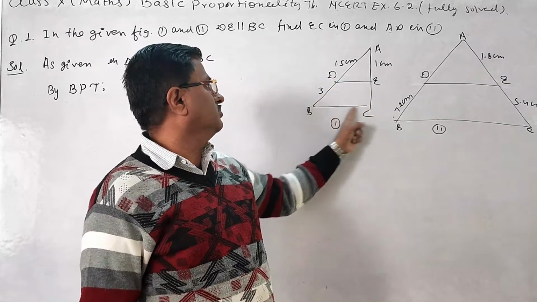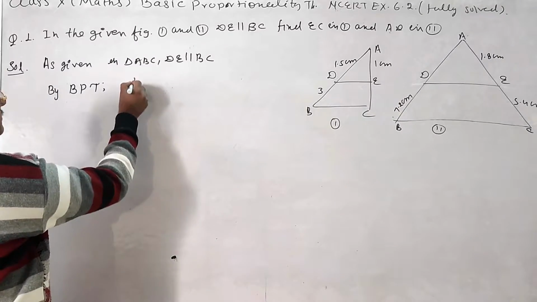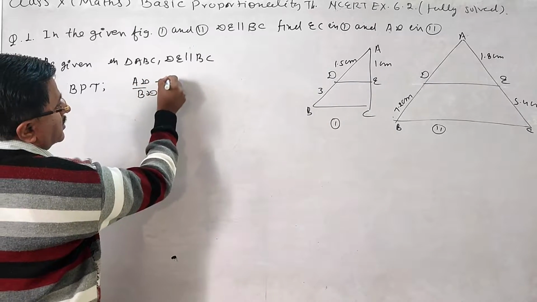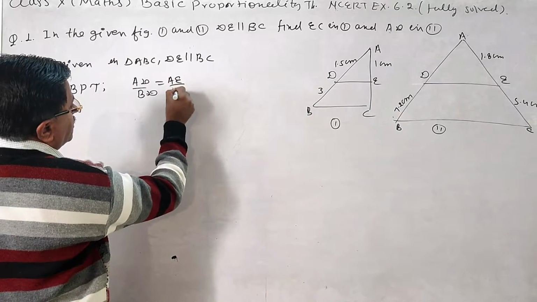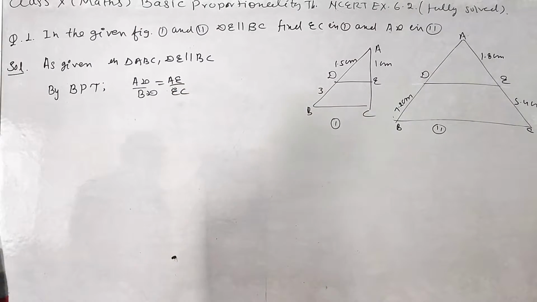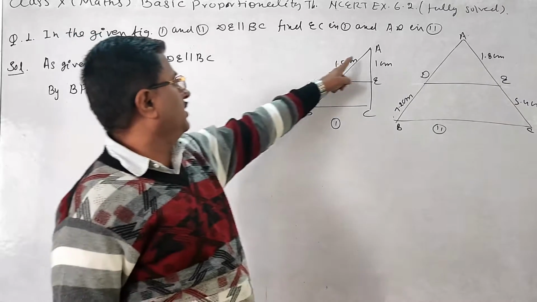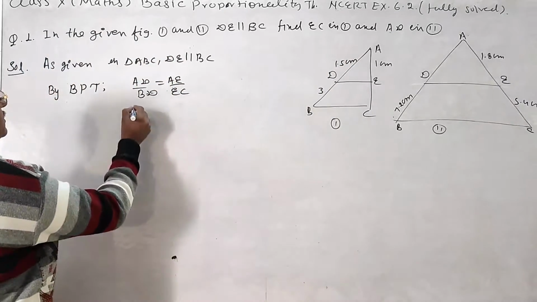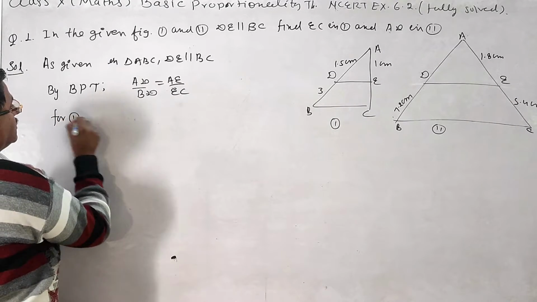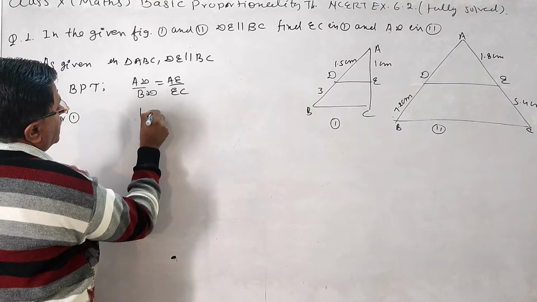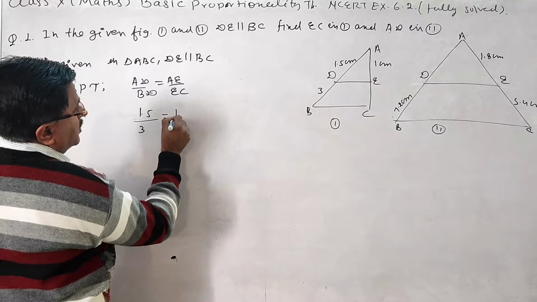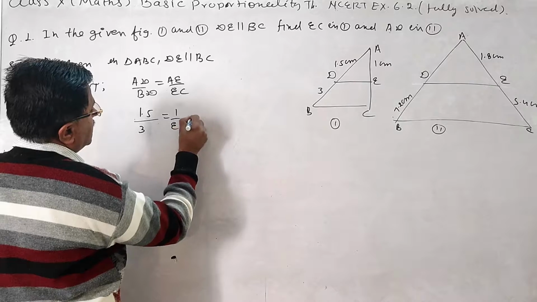If DE is parallel to BC, then AD upon BD is equal to AE upon EC. This is the result of the basic proportionality theorem. Now put the given values. For the first figure, AD is given as 1.5 and BD 3, AE 1, and EC we have to find.